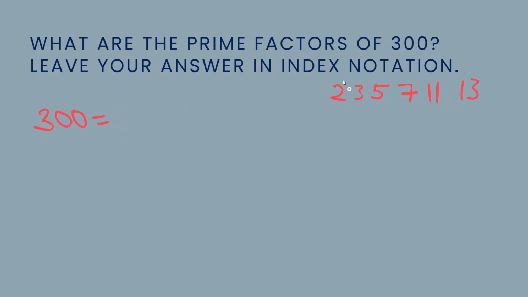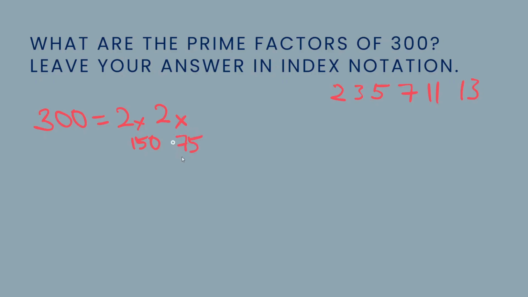First we divide by 2. What do we get? 150. You can all use a calculator. Can you divide by 2 again? Yes. We get 75.